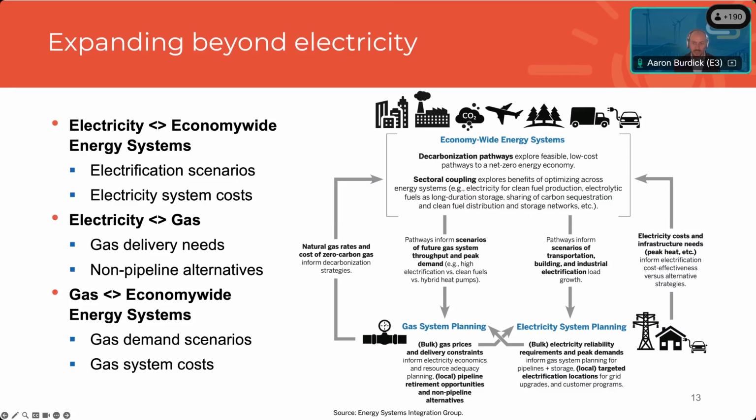And then between electricity and gas system planning, you have coordination that can occur both at the bulk grid through looking at gas availability and deliverability for resource adequacy. And then you also have the opportunity for local planning coordination, for instance, in decarbonizing regions, considering non-pipeline alternatives like electrification as alternatives to building out additional gas delivery infrastructure.